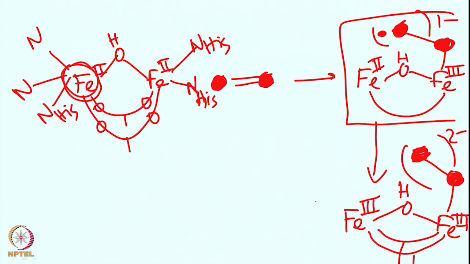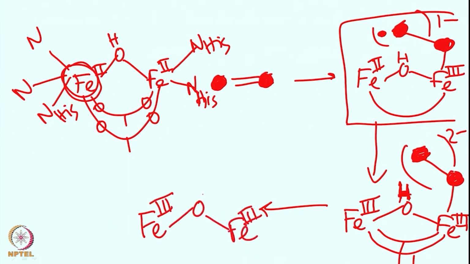This iron 3 peroxo species subsequently can be protonated, as you have seen over there. So, this is going to be a proton transfer, proton coupled electron transfer; perhaps in this step you will not even see this intermediate. Overall you will see the formation of an iron 3 oxo iron 3 hydroperoxo intermediate.